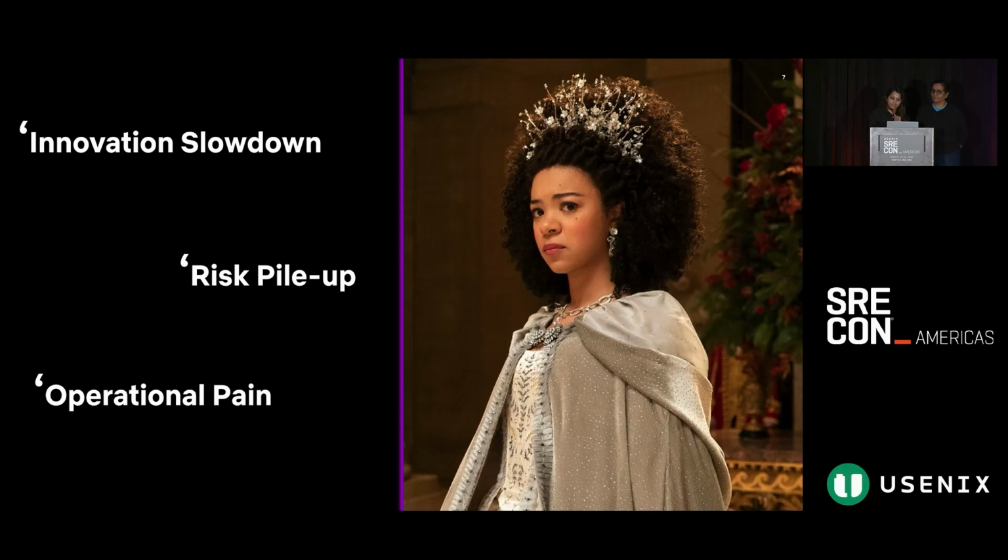Let's dive into those. First, innovation slowdown. Teams don't stop building during a freeze. They just stop shipping. So the work piles up. People either rush to squeeze in things before the freeze, or they're trying to catch up right after. Either way, you get chaos instead of progress.